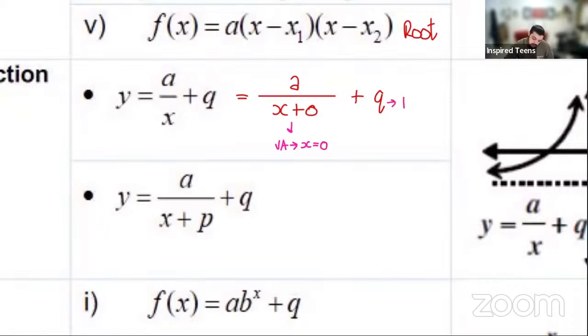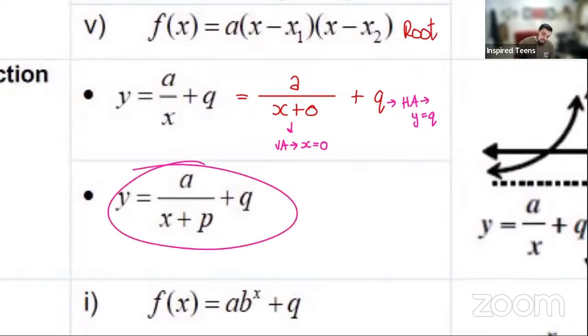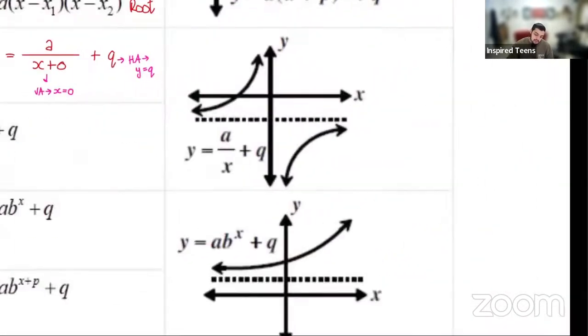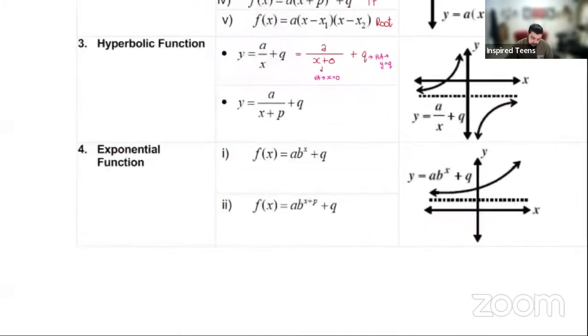And the horizontal asymptote is y is equal to whatever the value of q is. So just keep that in mind. Or it can have both an x and a y asymptote with its own equation, and that's how a hyperbola function looks. Remember that we draw with respect to the x and y asymptotes and not the x and y axis.